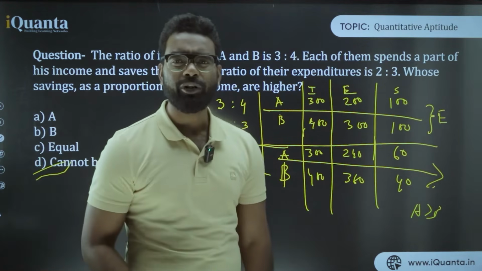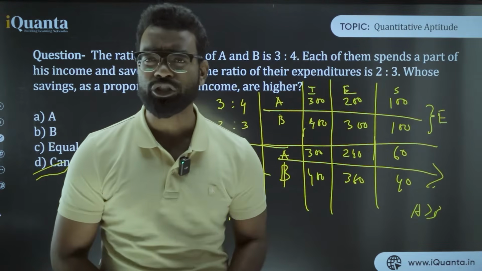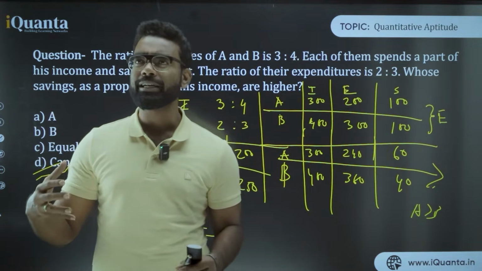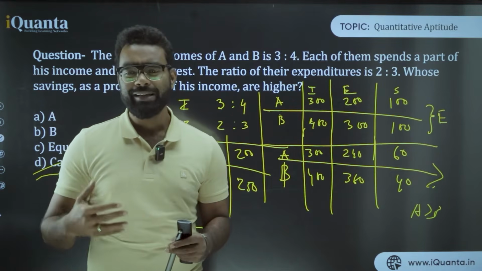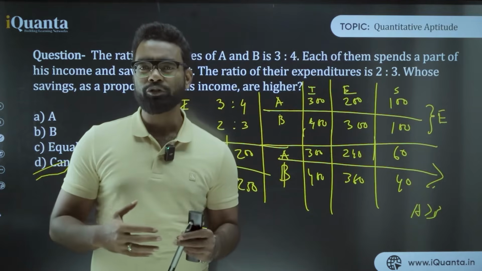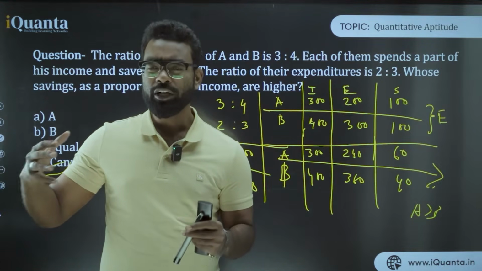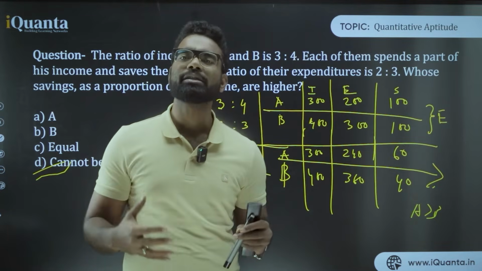Now remember one thing: why is the answer cannot be determined? Let's think about it logically. A's income is less and A's expense is also less, and B's income is more and B's expense is also more. So in this case, we always have these three possibilities.